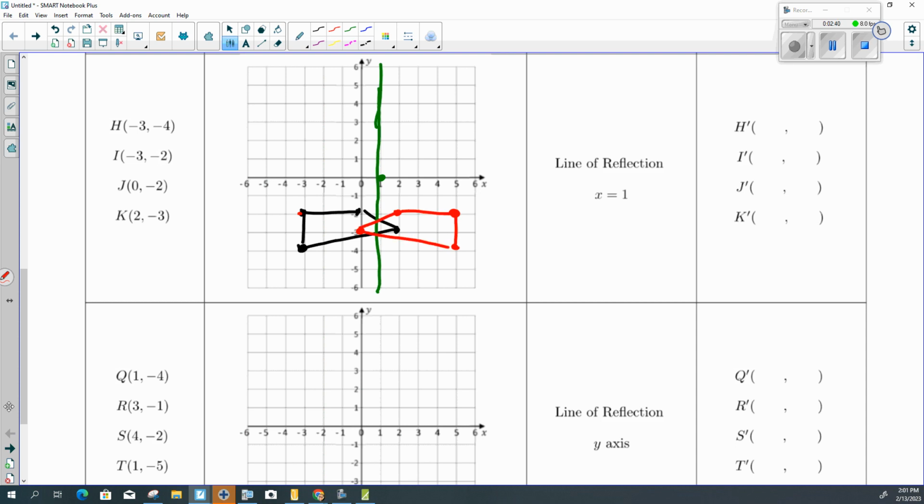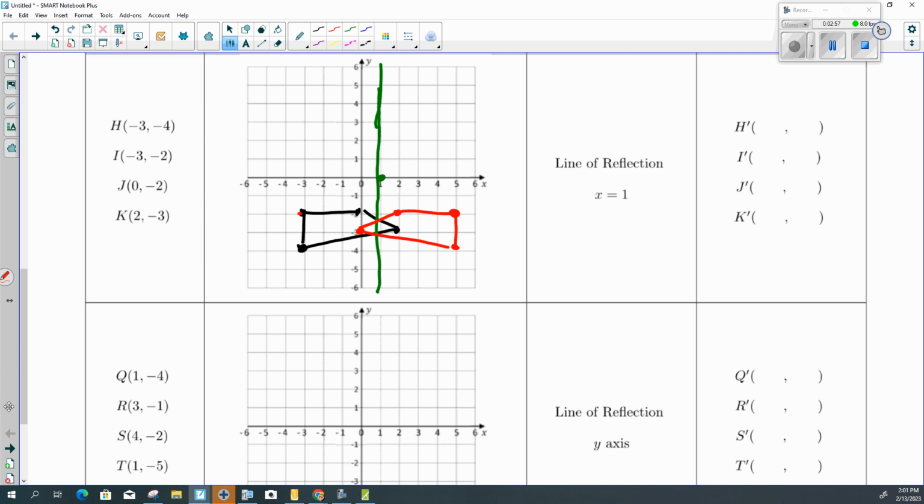So, excuse me, when you have a horizontal or a vertical line of reflection, you use counting the boxes. Count the boxes, count the boxes. Oh, I didn't label my vertices. You better catch up.